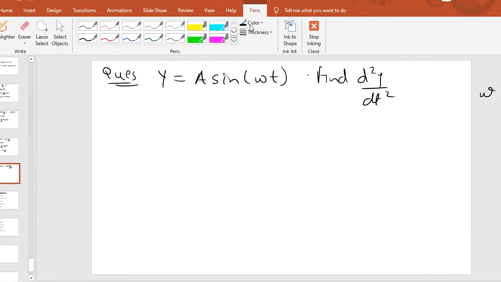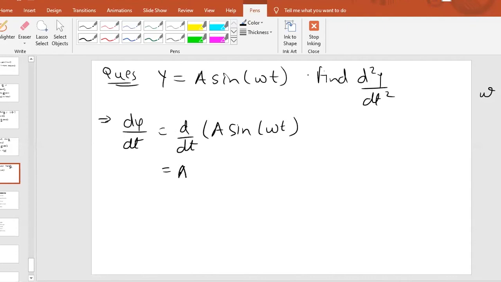Now let us do this problem. First of all, you have to find d square y by dt square. So first, we have to find dy by dt. That would be d by dt of a sine omega t. Now a is a constant which we can take outside. Then go from left to right.